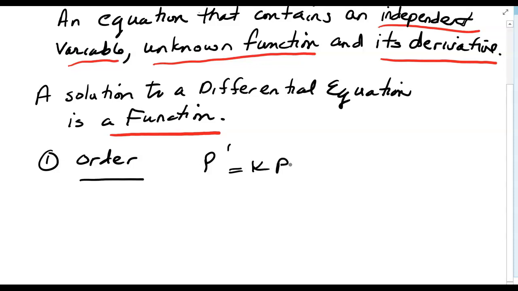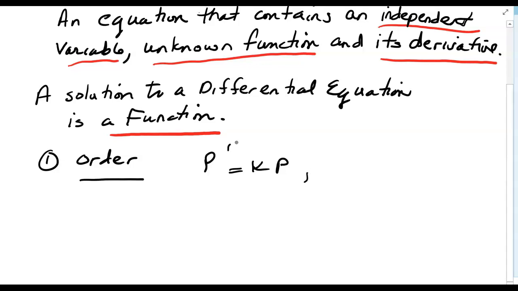equals kp, we have our unknown function p along with the derivative. In this particular problem, you would not know, you'd have to be given more information to understand that your independent variable in this case is time.